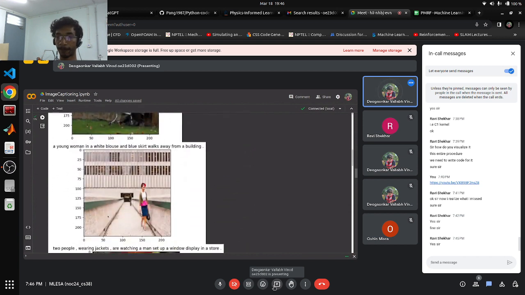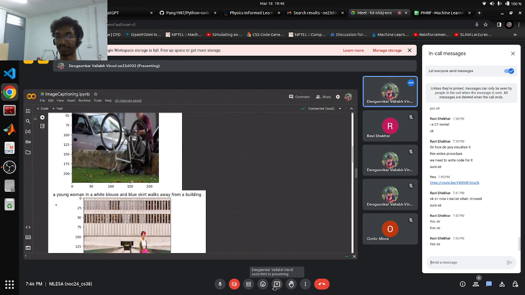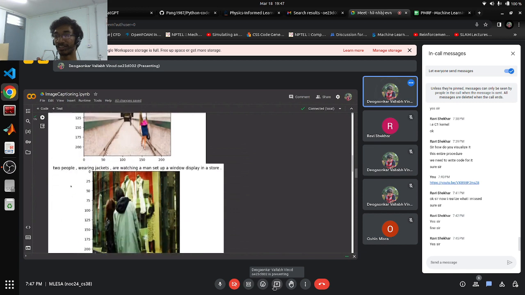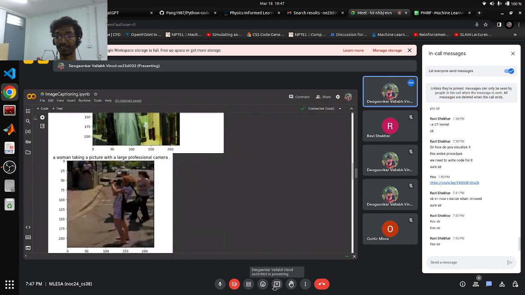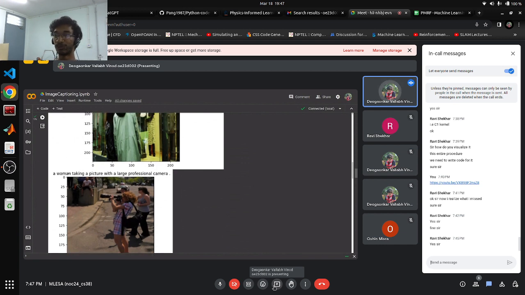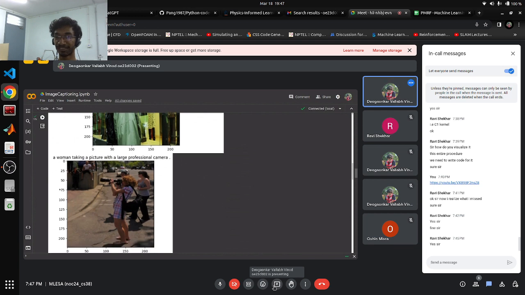In this particular data set, they give 5 captions for each image. So 5 different people labeled what is going on in the image, and you will feed all of that information to your model, and the model will try to find the association of different elements of the image to the words.